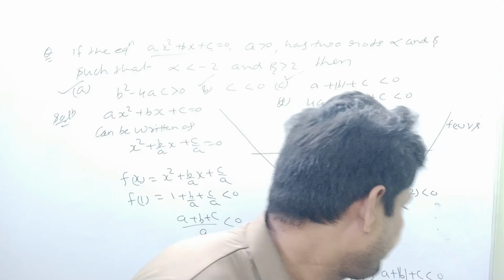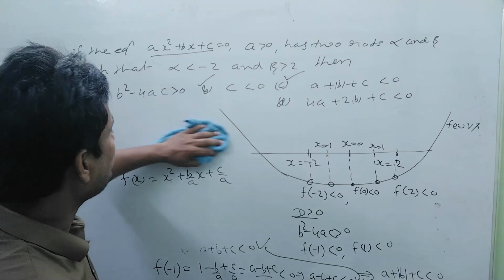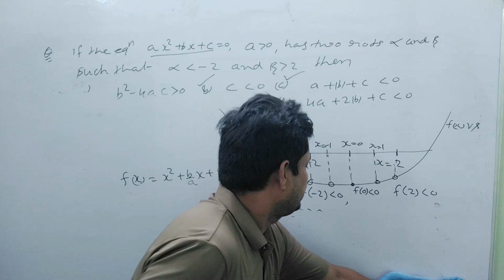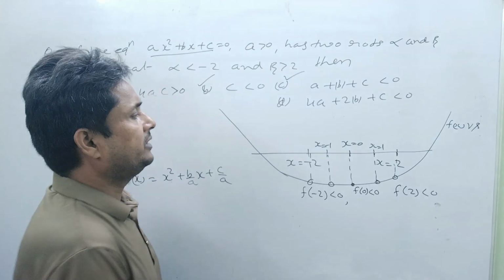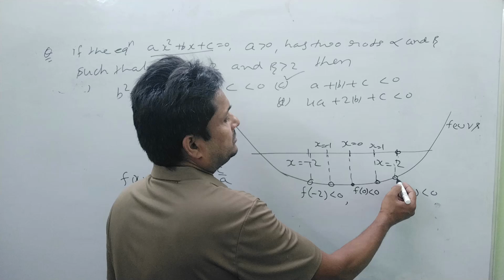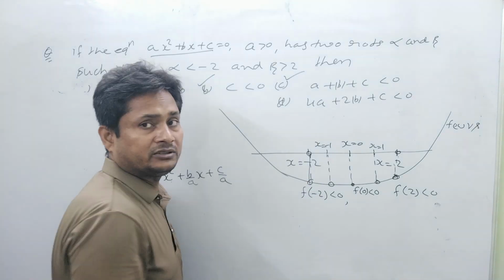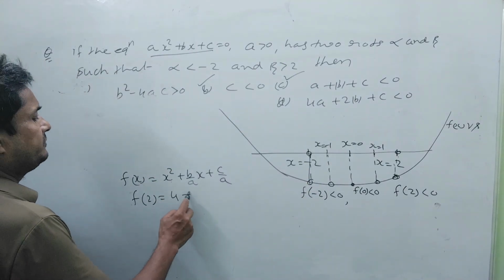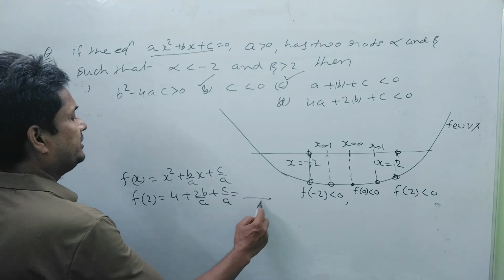Now find out the values of f of 2 and f of minus 2. At x is equal to 2, function is giving negative value. At x is equal to minus 2, function is giving negative value. So find out f of 2. It will be 4 plus 2b by a plus c by a. Take LCM.